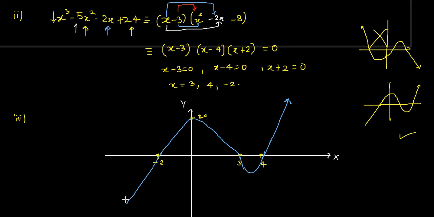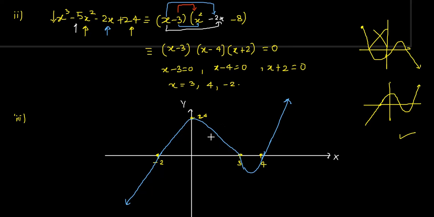So this will be the shape of the curve. It is not looking nice. My drawing skills are not so good, so you just manage it, that it is like this. It is a continuous graph. It is not a corner, it is a smooth curve.